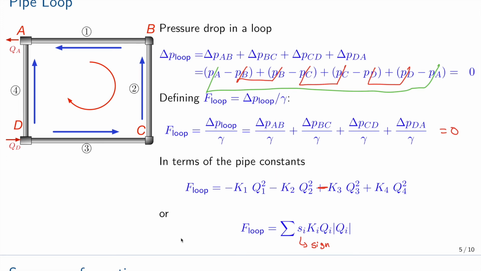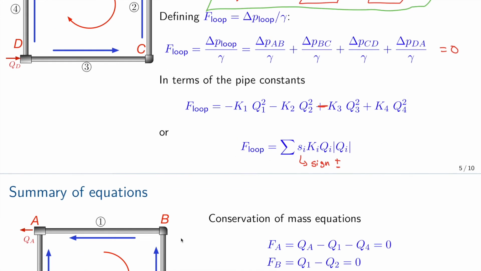So let me put here plus or minus. K_i is the constant of the pipe, and Q_i is the flow rate in the pipe, and we just write Q_i multiplied by the absolute value of Q_i. Okay, so we have all the possible equations that we can have in a network.